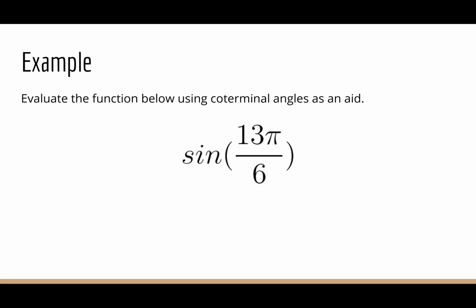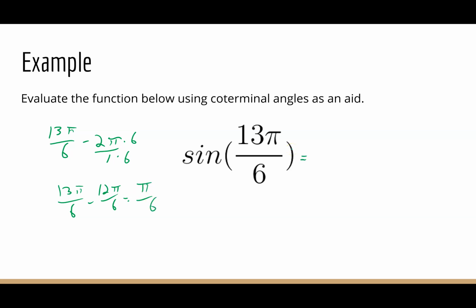So coterminal, remember to use coterminal, you add or subtract a full rotation, and then you get angles that have the same measure or the same diagram. So 13 pi over 6 is too many rotations. And so we want to reduce the number of rotations down to something that is on the unit circle. So to do that, 13 pi over 6 minus 1 rotation, 2 pi. So common denominator, 13 pi over 6 minus 12 pi over 6 is pi over 6.